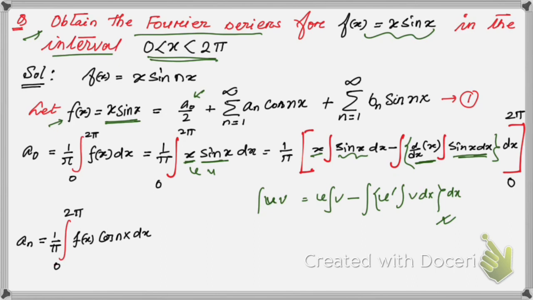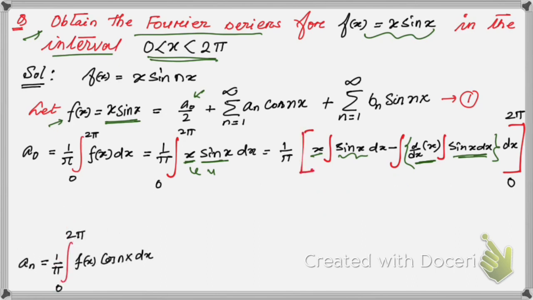So what we have got here: 1 by pi times x minus x cos x, because the integration of sine x dx is going to be minus cos x. Then minus, and the derivative of x is 1, so that's why we have got 1 here, and the integration of sine x dx is going to be minus cos x.